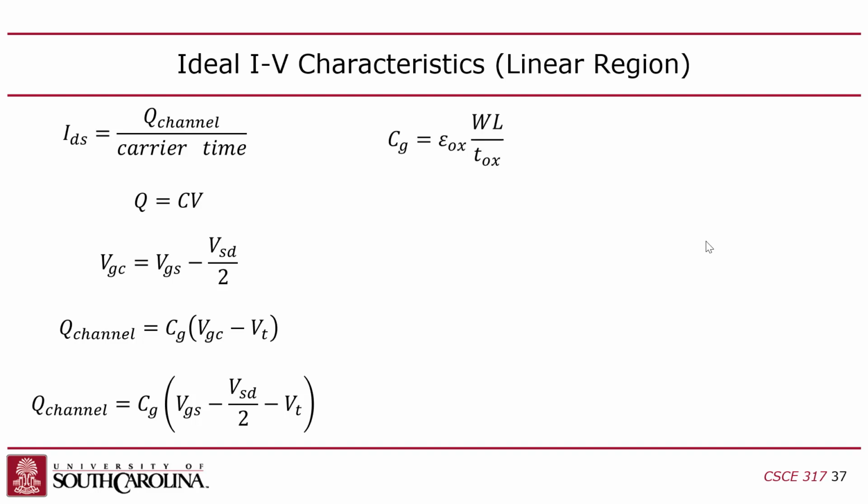I'm just substituting these in. And then the capacitance of the gate is the dielectric constant of the oxide material, which is silicon dioxide. It's glass. It's a really good insulator, I think it's the best insulator, right? Maybe not as good as a vacuum, but it's a great insulator.